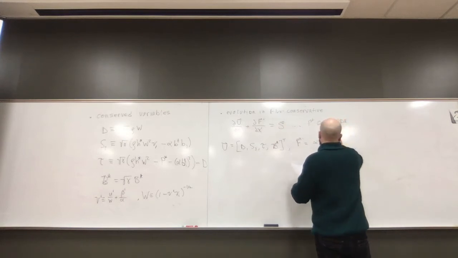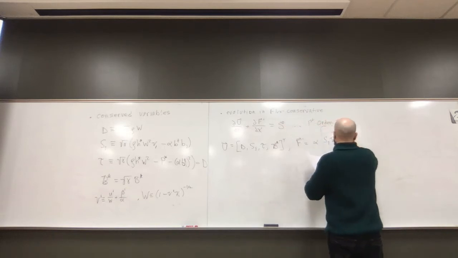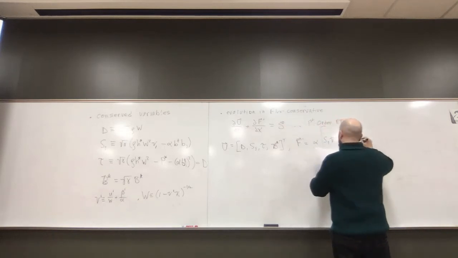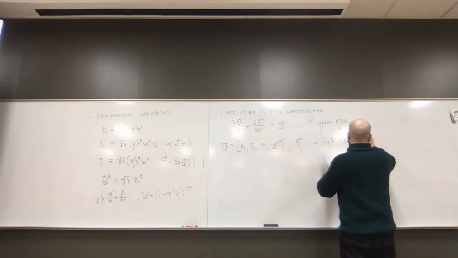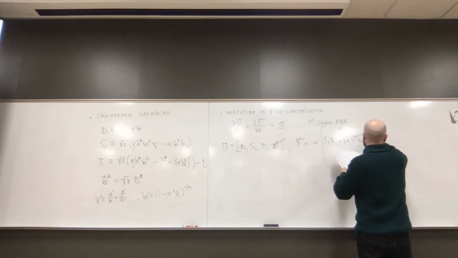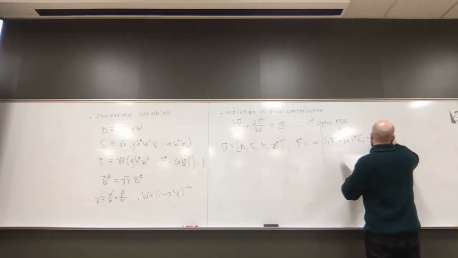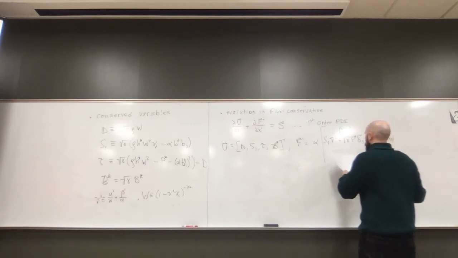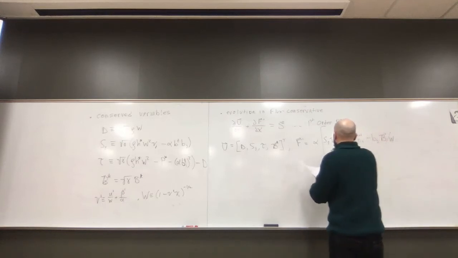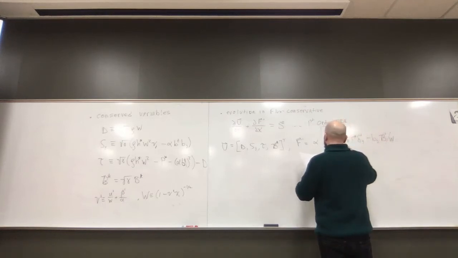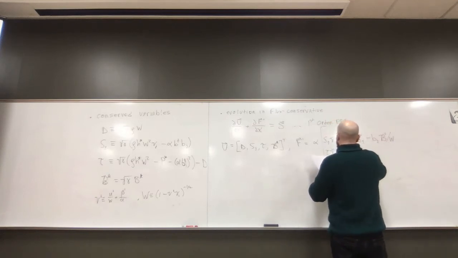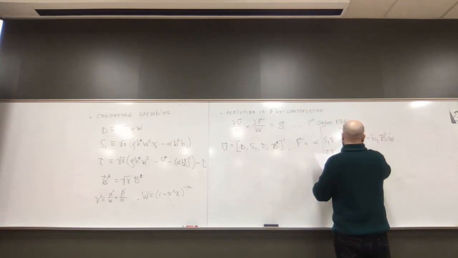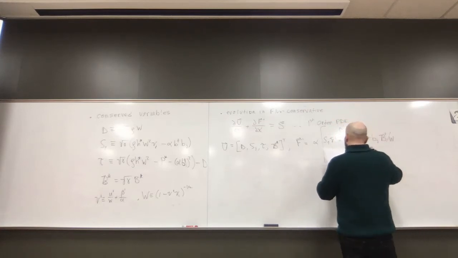S_j v tilde^i, which I'll define in just a second, plus the square root of gamma p star delta^i_j minus b_j, little b, script B^i over W, and then tau v tilde^i plus the square root of gamma times p star v^i.